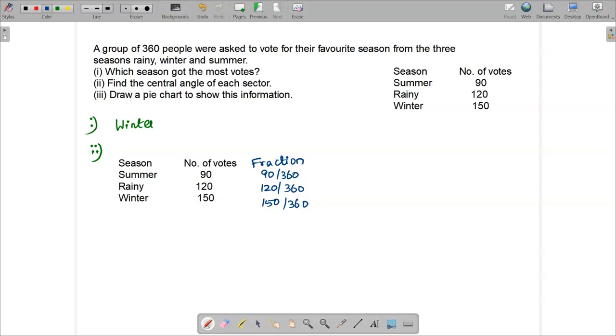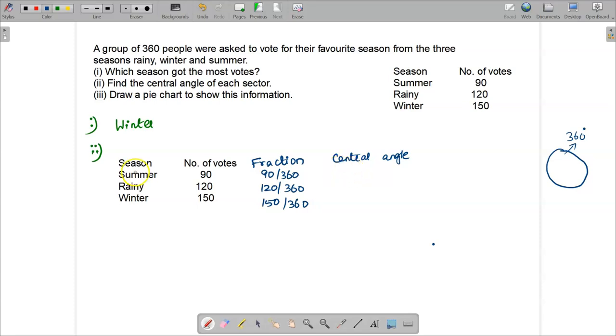Next I have to find the central angle. The central angle is given by this value into 360 degrees. Why do we multiply by 360 degrees? In the pie chart we always draw a circle, which consists of 360 degrees. So the fraction value we multiply with 360 degrees.